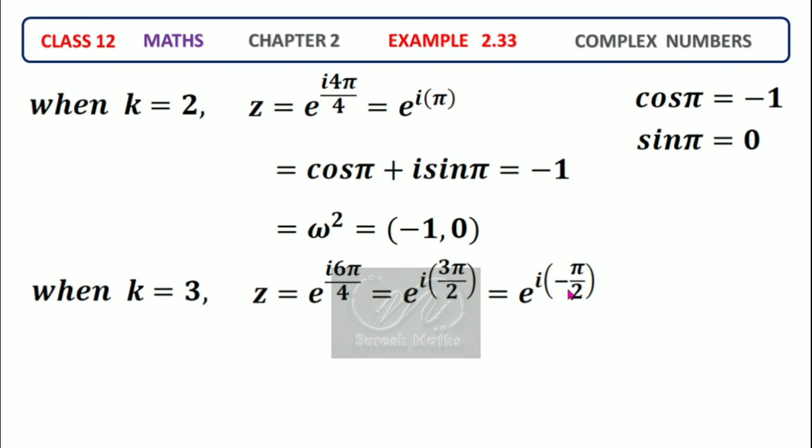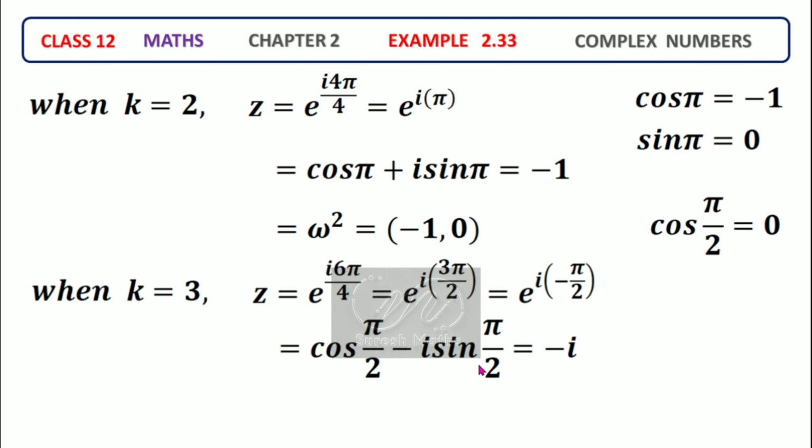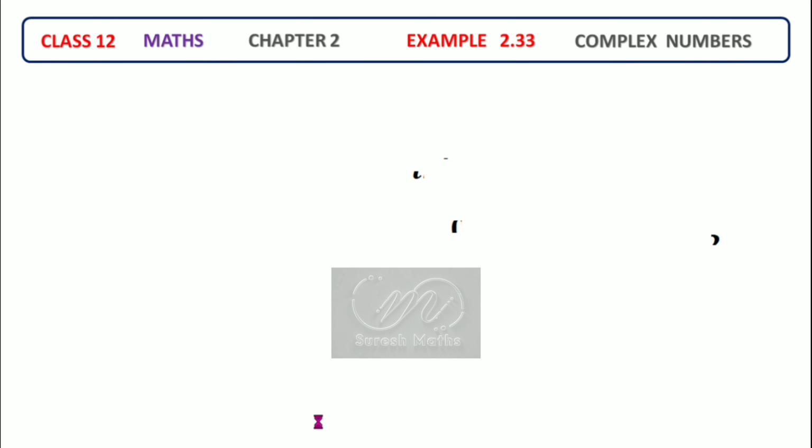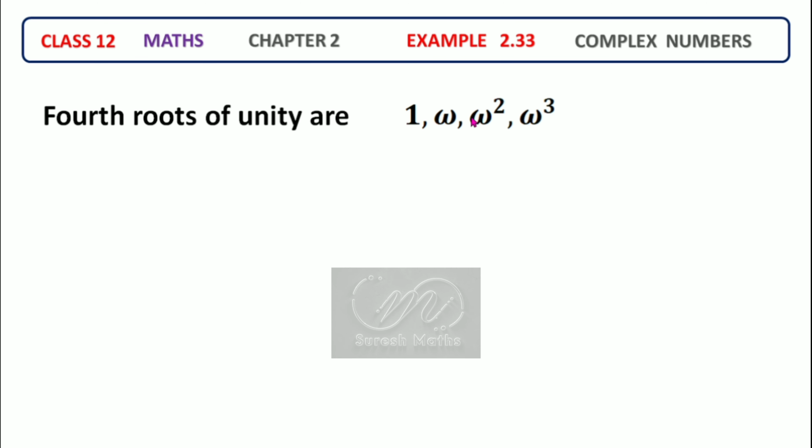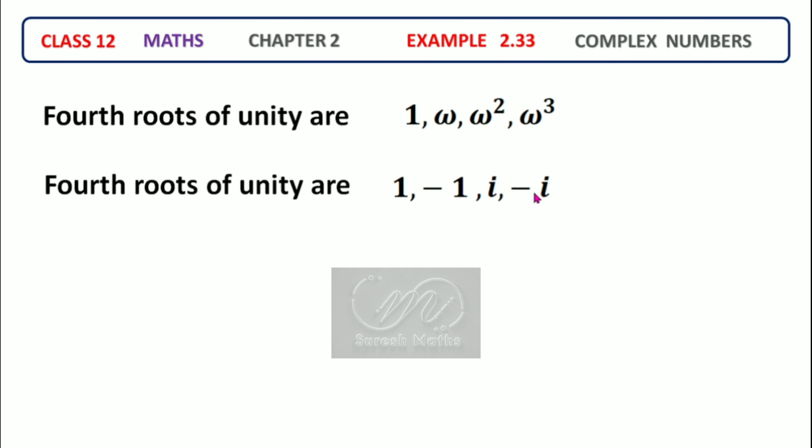This is written as cos pi by 2 minus i sin pi by 2. Cos pi by 2 is 0, sin pi by 2 value is 1. So 0 minus i into 1, minus i. This is the point (0, minus 1). It is defined as omega cube. So there are 4 roots. What are the 4 roots? The fourth roots of unity are 1, omega, omega square, omega cube. That is, the fourth roots of unity are 1, minus 1, plus i, minus i. Hence the problem is solved.